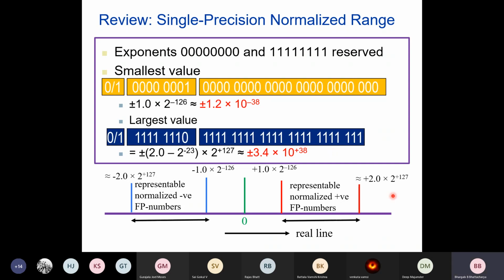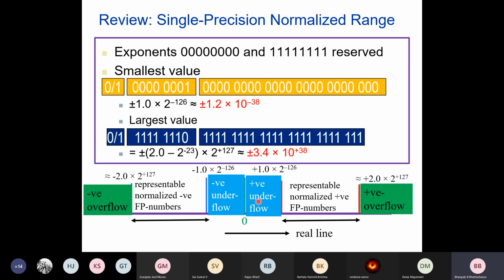If you go beyond this range, that becomes overflow. If you go beyond the smallest representable normalized range, that is underflow, in both directions, positive underflow and negative underflow. Do you have any question here? One thing: these representable numbers are discrete values of floating point.